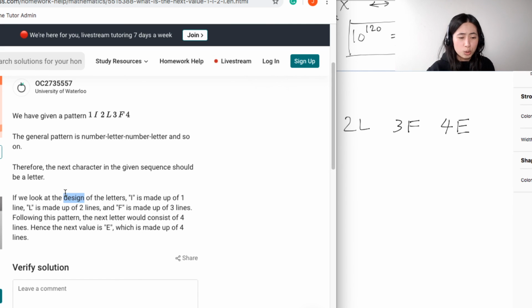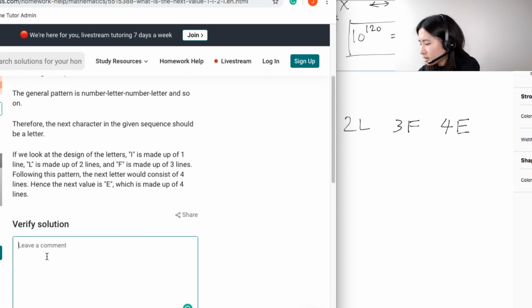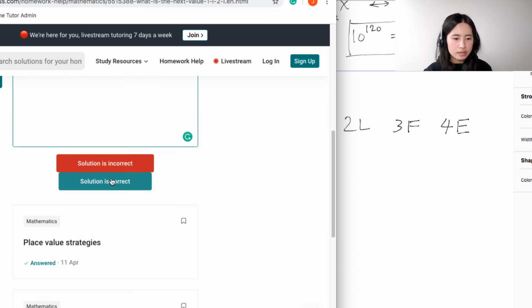I would say it's the stroke of the letters, so perfect solution and answer. So yeah, 1 is for I, then you have 2 lines for L, then you have 3 lines for F, then 4 for E. Perfect.